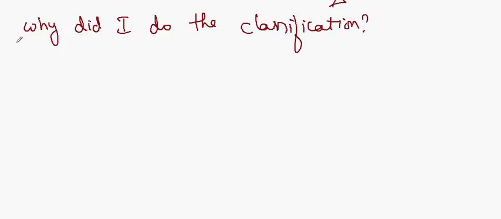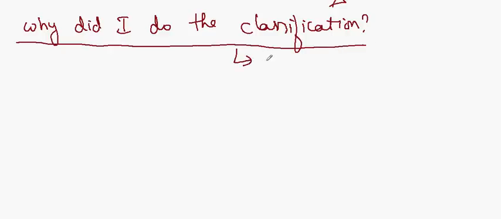This is what I achieve from transforming the data from the data values to frequency domain, because it is easy for me to classify the data. Now what is the advantage of classifying the data?